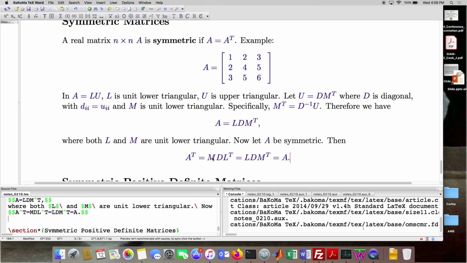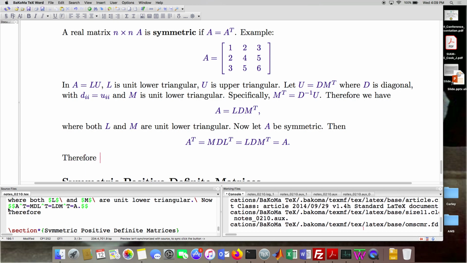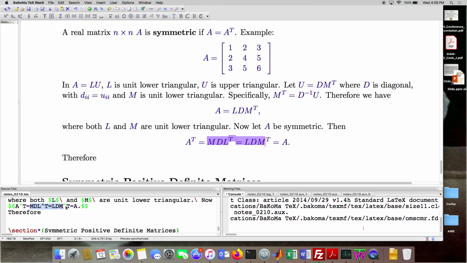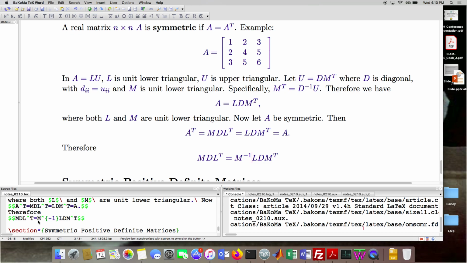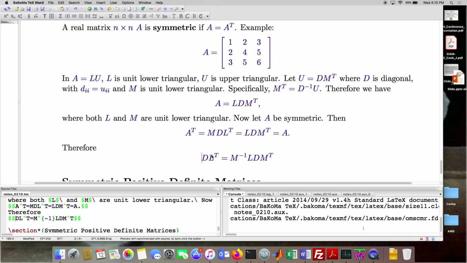Now, M and L are unit lower triangular, therefore they're invertible. So I'm going to multiply by M inverse on the left, and then by M inverse transpose on the right.